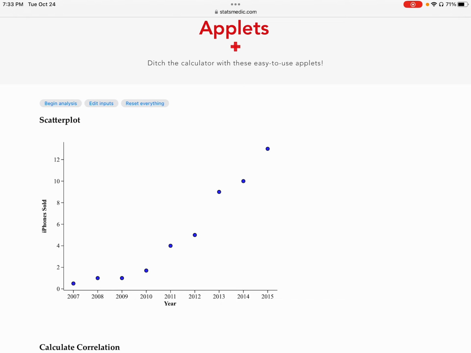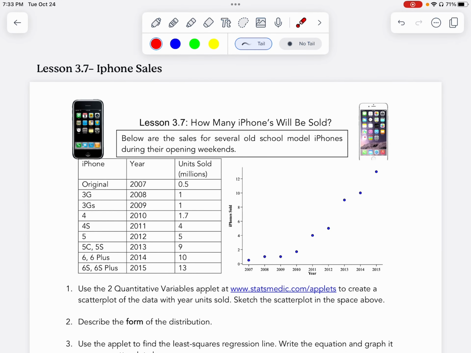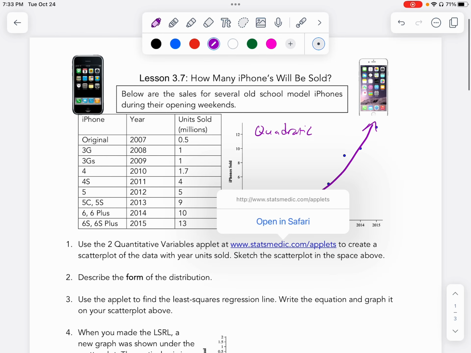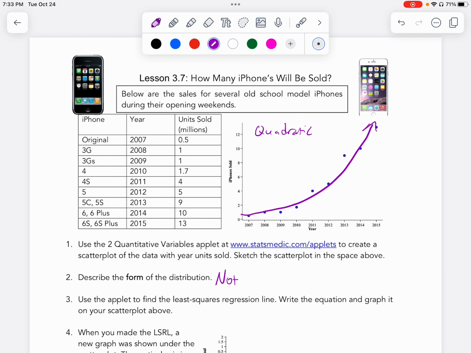Okay. You'll notice as you look at this, it does not look linear to me, okay? The scatter plot to me looks like it's curving, right? It looks to me like it's quadratic, which is, the form is not linear, perhaps quadratic is what I'll say, okay?